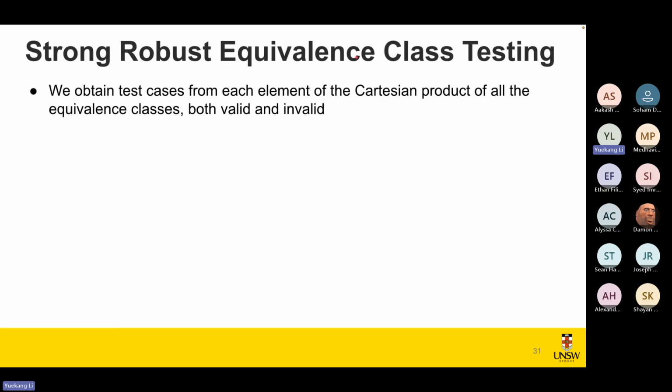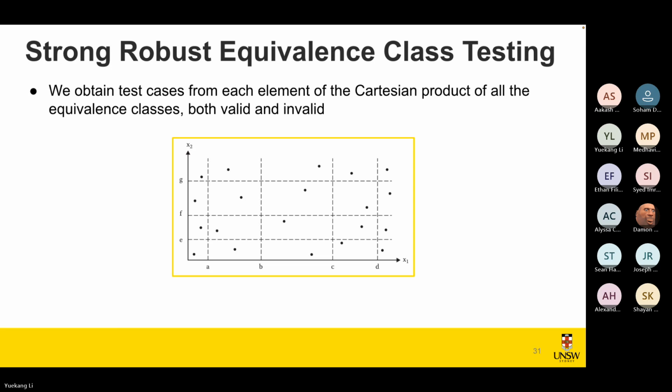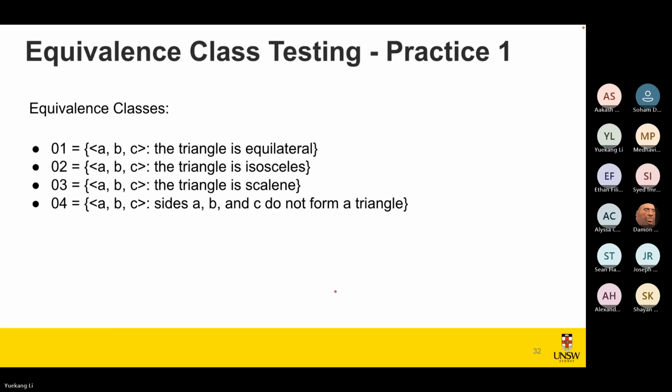So again, it is a Cartesian product of all possible equivalence classes. You can imagine we are putting one dot inside each subspace, each partition here. So this is strong robust equivalence class testing.